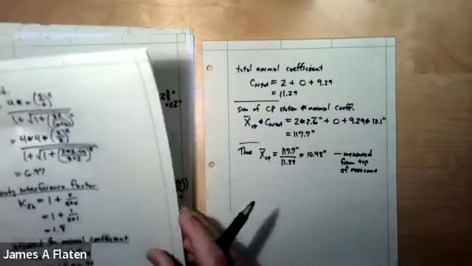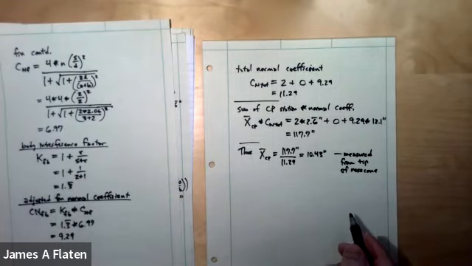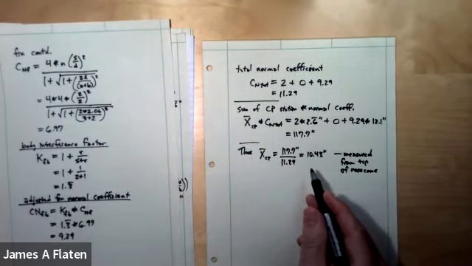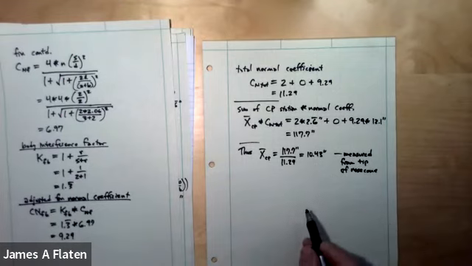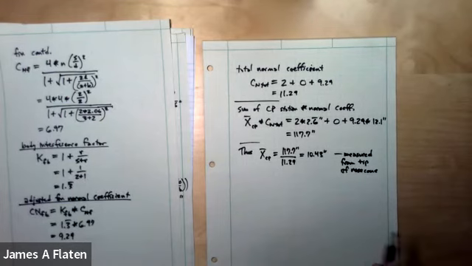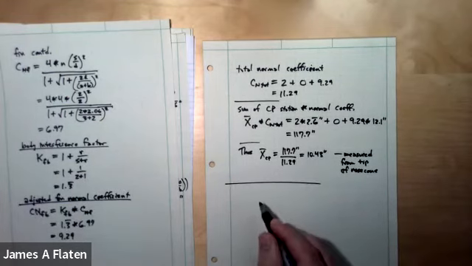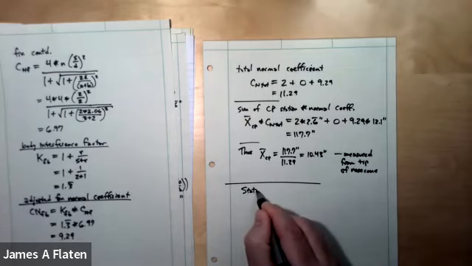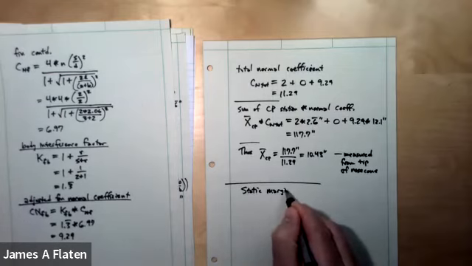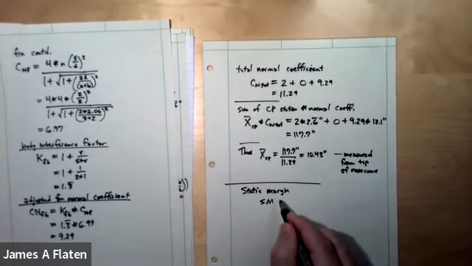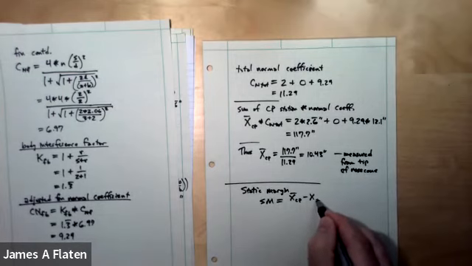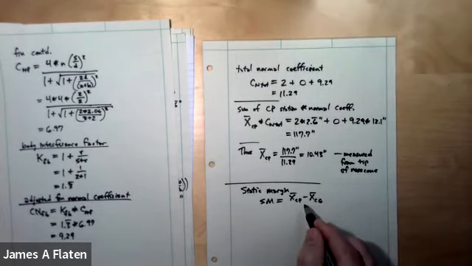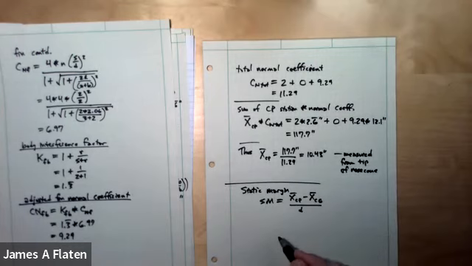Okay, so remember we found the value for the location of the center of gravity measured down. That was 7.88 inches. And now we have the center of pressure, 10.43 inches. This is good. It's bigger than the center of gravity number, so that means my static margin is going to be positive. So let's calculate the static margin. Sm is equal to the distance to the center of pressure from the tip minus the distance to the center of gravity from the tip, divided by the diameter of the rocket.